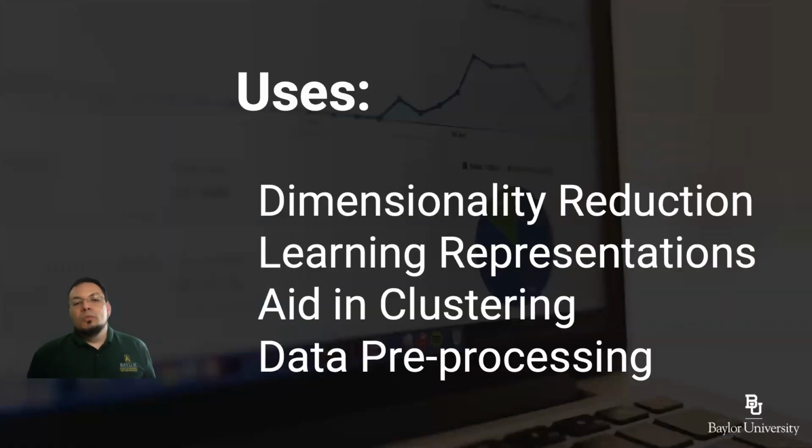If you're wondering when we can use this, well, the first and obvious use is in dimensionality reduction. So we can have highly dimensional data represented in, for example, 2 dimensions. We can also use this to learn representations that are not biased against any preconceived notion.